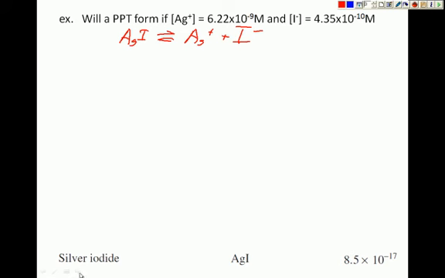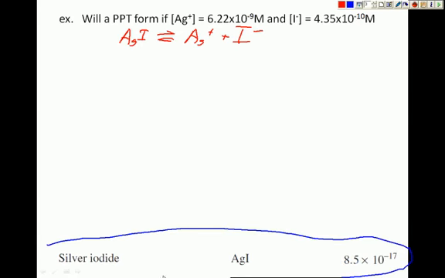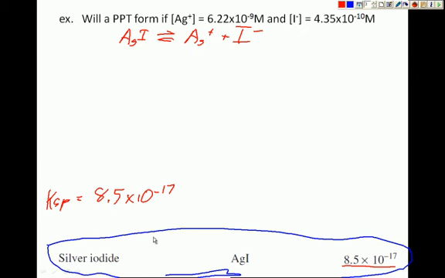Now, using our table, we know that the Ksp for silver iodide is 8.5 times 10 to the minus 17. So what we're going to do is find our trial ion product.